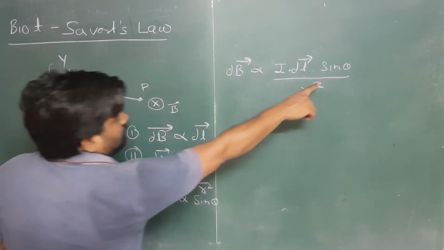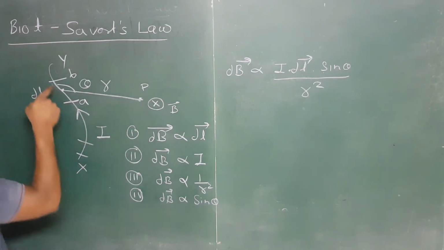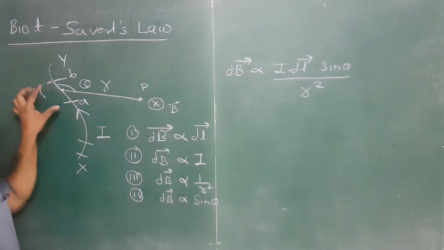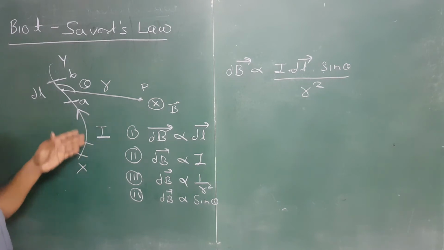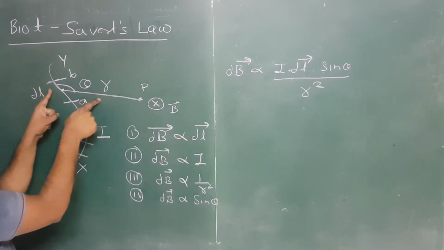Here theta is the angle between r and dl. We have taken a small element, and you can take each and every small element on this wire.